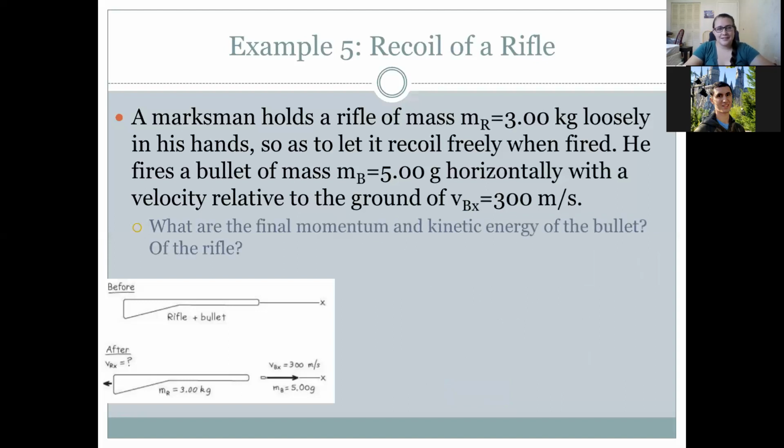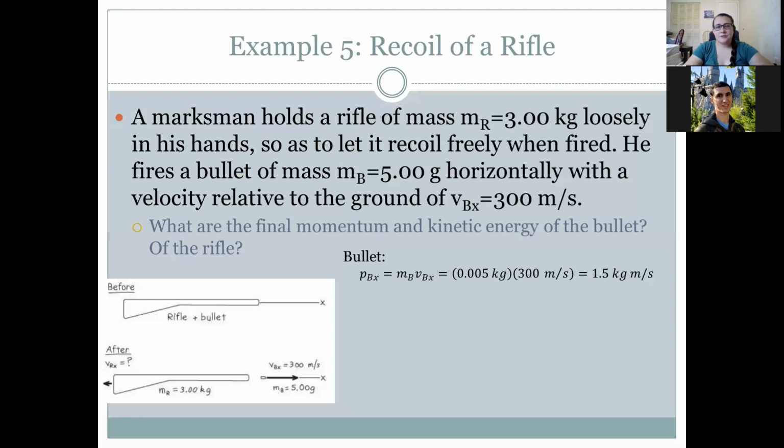So next question about this scenario. What are the final momentum and kinetic energy of the bullet and of the rifle? So for the bullet, momentum, again, is mass times velocity. So our mass of the bullet is 0.005 kilograms. We take 5 grams divided by 1,000 to go from grams to kilograms.